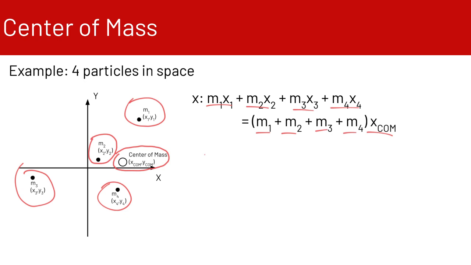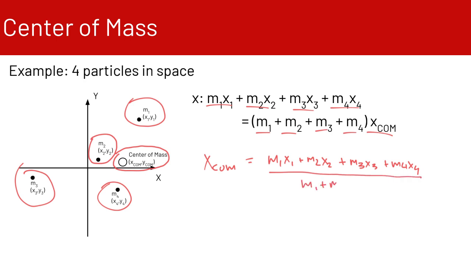So if we solve for the center of mass, we end up with M1 X1 plus M2 X2 plus M3 X3 plus M4 X4, all divided by the masses summed together, M1 plus M2, M3 and then M4.